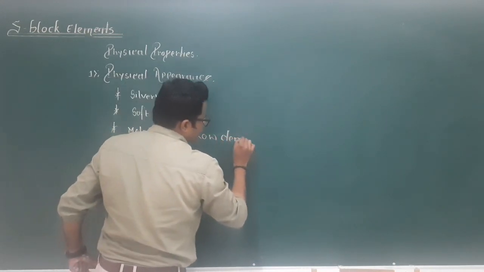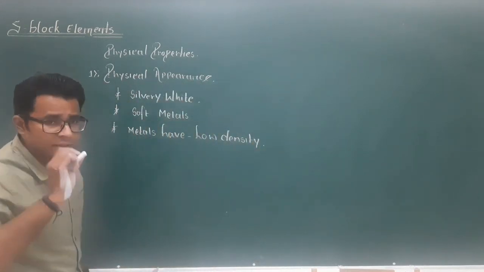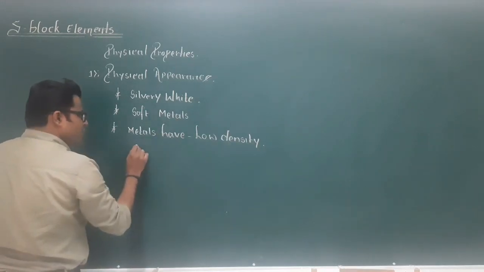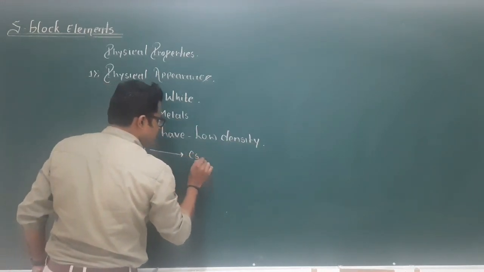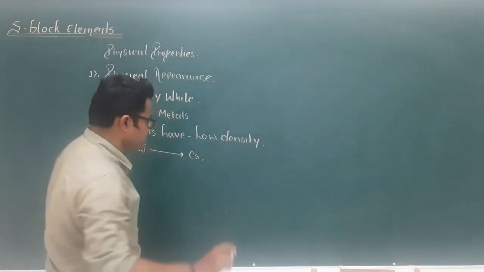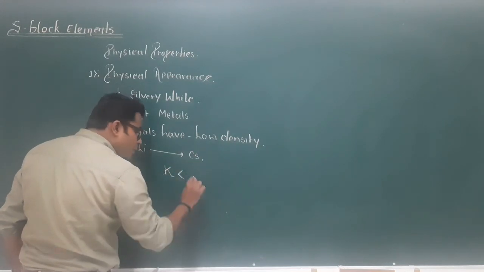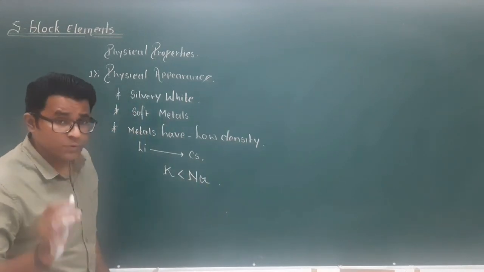This density goes on increasing down a group. That is, as we go from lithium to cesium, the density goes on increasing. But potassium has lower density when compared to that of sodium.